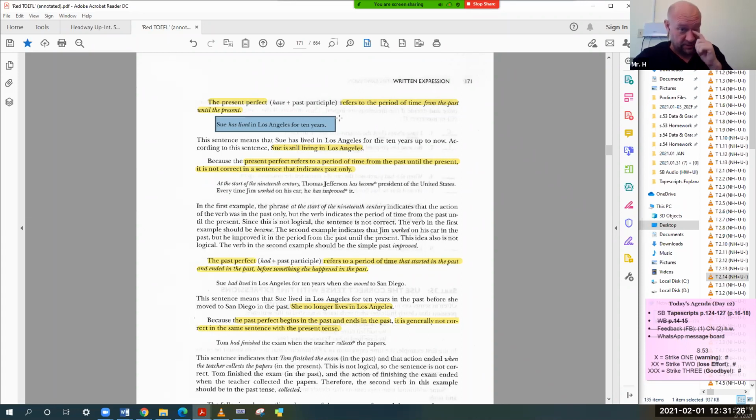Maybe, we don't know. Is this continuous? No. If it's continuous, that means she's going to stop, we know her plans. But in this case, we don't know her plans, right?